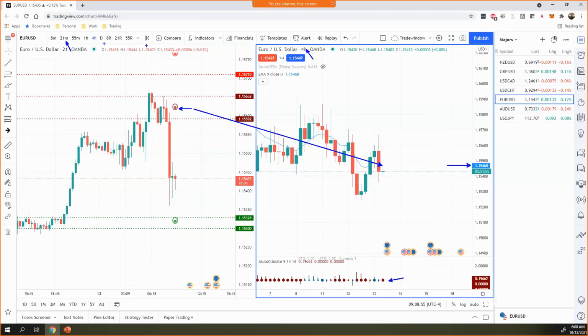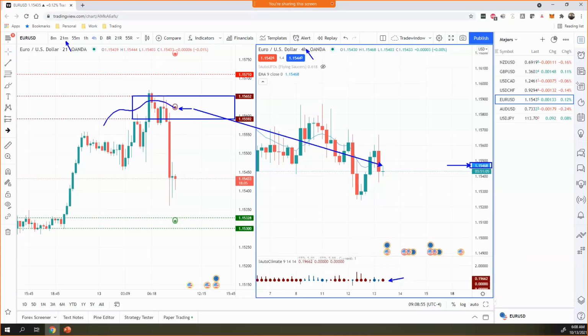Obviously, this is 4 hour. This is 21 minute. We're looking for confluence of a UFO, our unfilled orders, our software that gives you these imbalances in buyers and sellers and potential unfilled orders. And we need to see this 9 EMA be enveloped by this UFO.